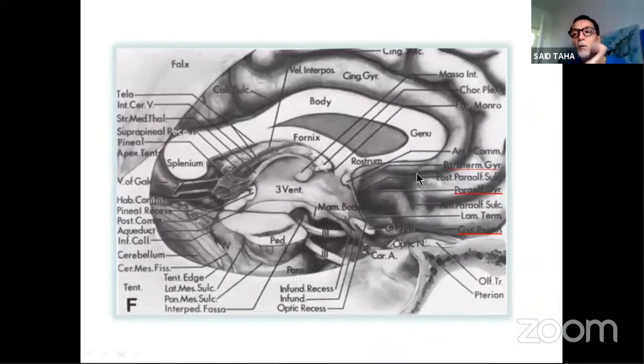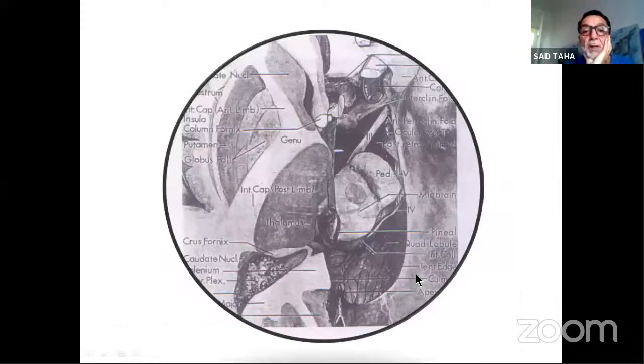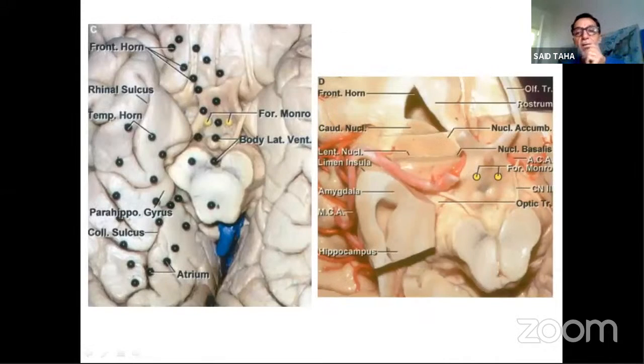Here again, we have the lamina terminalis, and laterally we have the paraterminal gyrus, para-olfactory gyrus, and the medial part of gyrus rectus. From above, we have the genu of the internal capsule and the caudate nucleus, head of the caudate nucleus, and the foramen of Monro above the anterior incisor space.